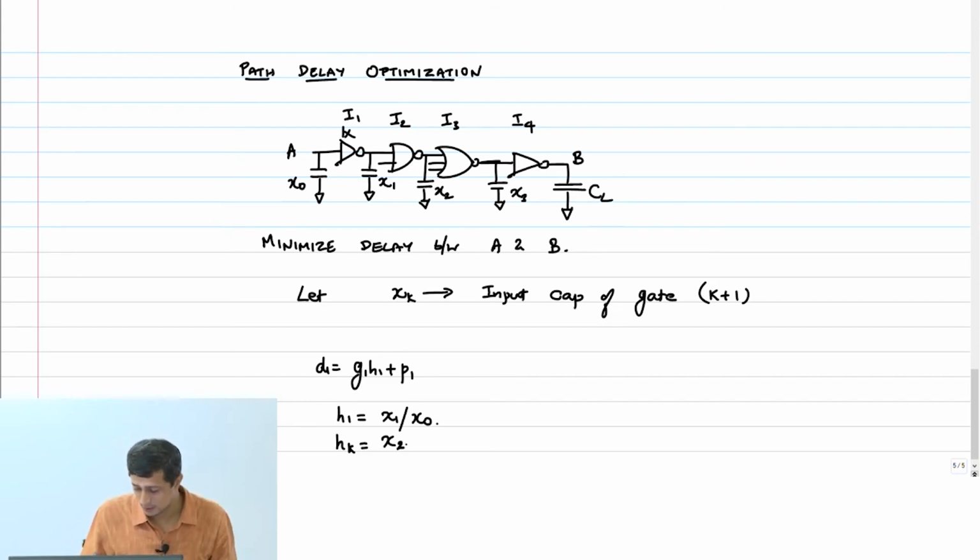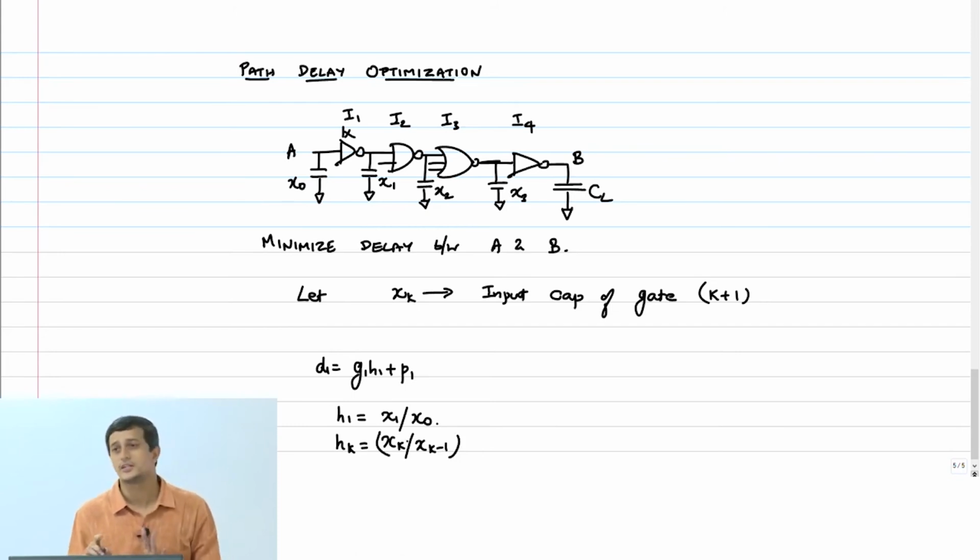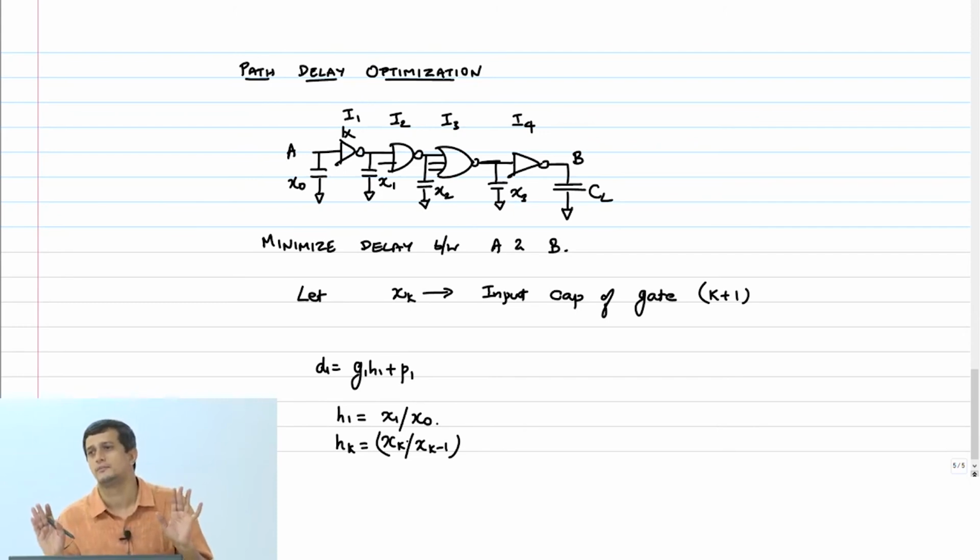It is just Xk by Xk minus 1. This is the advantage if we choose the capacitance itself as the variable. Then the H's become very simple to evaluate. It is just a ratio of these capacitances and I am done.